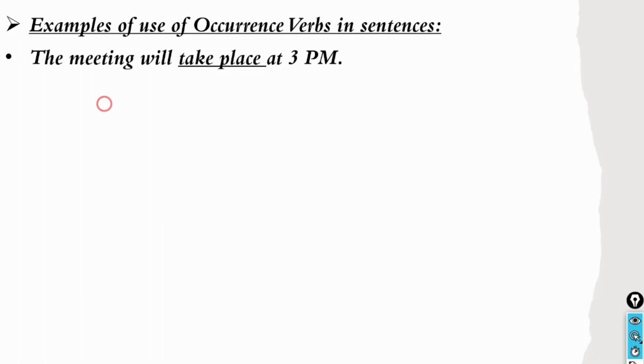So you cannot say the meeting will at 3 p.m. It is not going to make sense. But if you say the meeting will take place, meaning will occur at 3 p.m., so it is showing the occurrence. So these two, take place, are a combination of occurrence verbs.